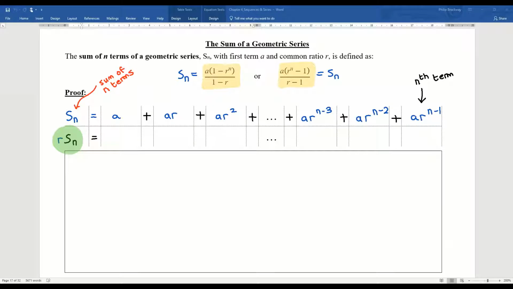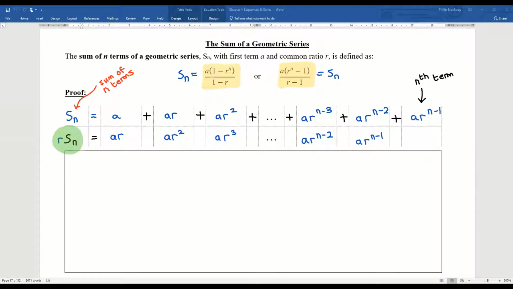Why do we do this? Well, let's just see. So this is going to be ar squared, adding 1 to the power of r, ar cubed. And if we add 1, obviously that's just going to be the same as ar to the n subtract 2. Then we have ar to the n subtract 1. That was the nth term, wasn't it? And then we have to multiply the nth term by r.